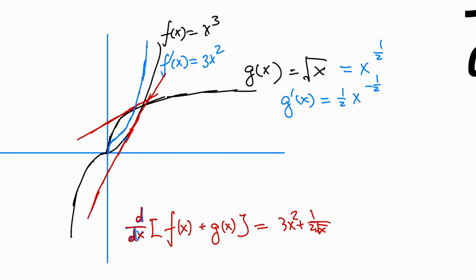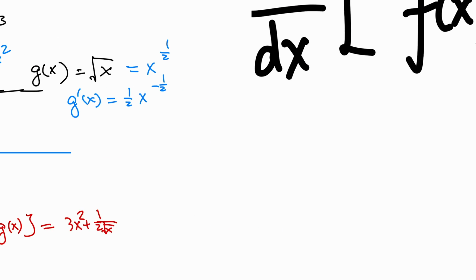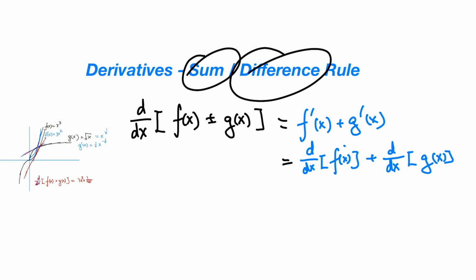This might not be as accurate though. So if we have that slope, we can roughly see that the sum of this slope and this slope would be the slope of the sum. So let's actually prove it rigorously using mathematics now.